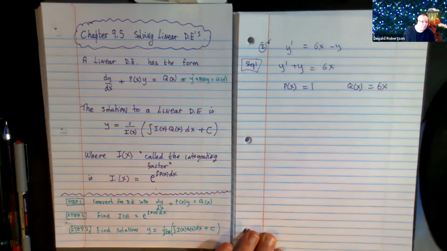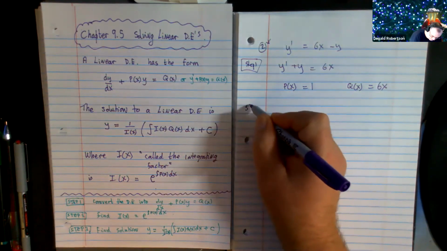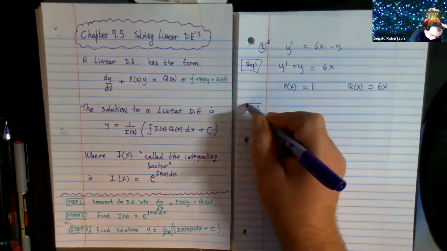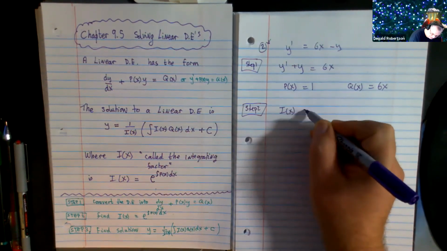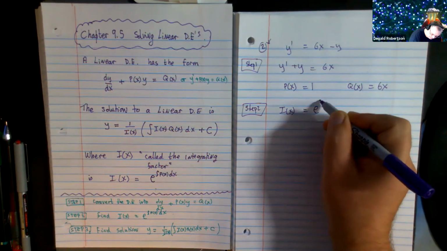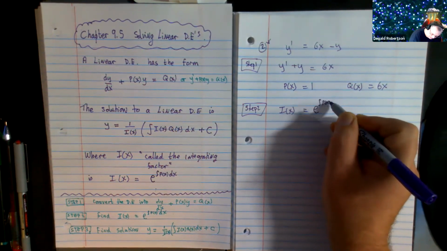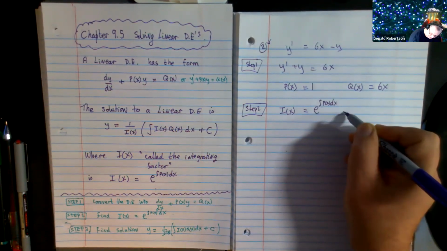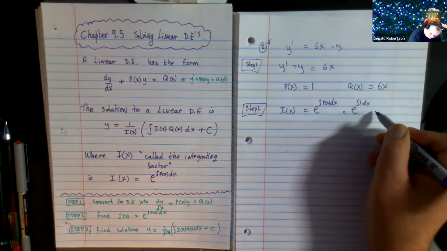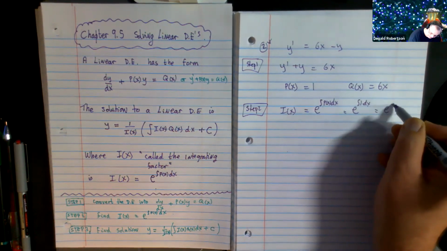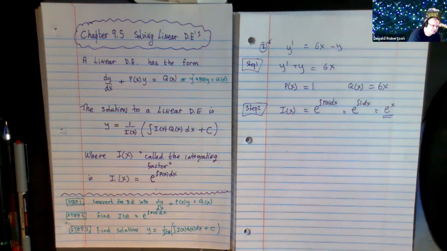That doesn't look too bad. Integrating factor e to the integral of p, e to the integral of 1. Well, that's not bad. The integrating factor is just e to the x.